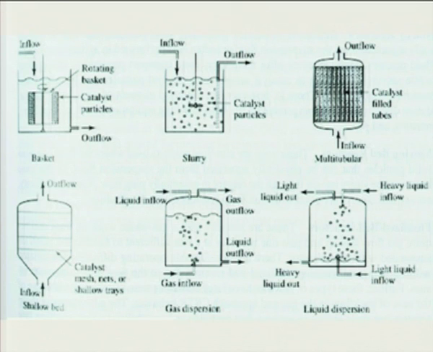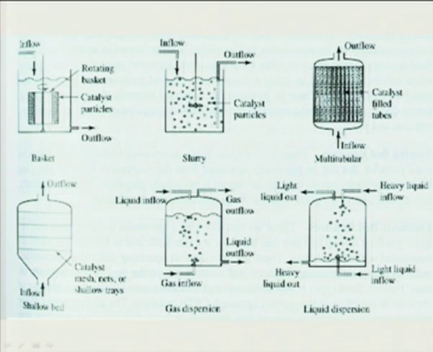The reactor erosion occurs because the speed of agitation is high, and therefore impingement of the particles over the reactor wall can cause erosion of the wall, as well as fragmentation of the particles. Then the next is the multitubular reactor. As I already mentioned earlier, the reactant flow is not through a single bed, but is distributed through different tubes.